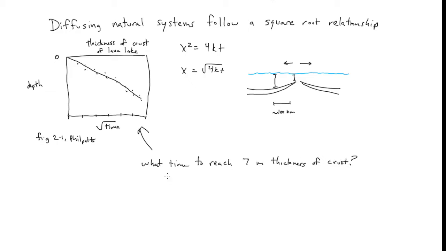So we would take that same equation, solving for time, x squared over 4k, and put in 7 meters squared.